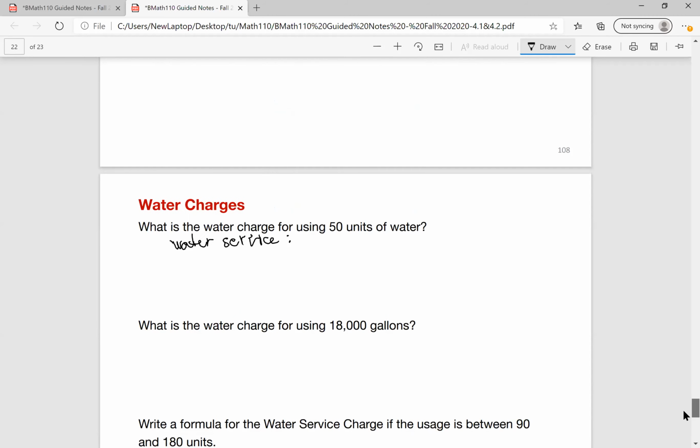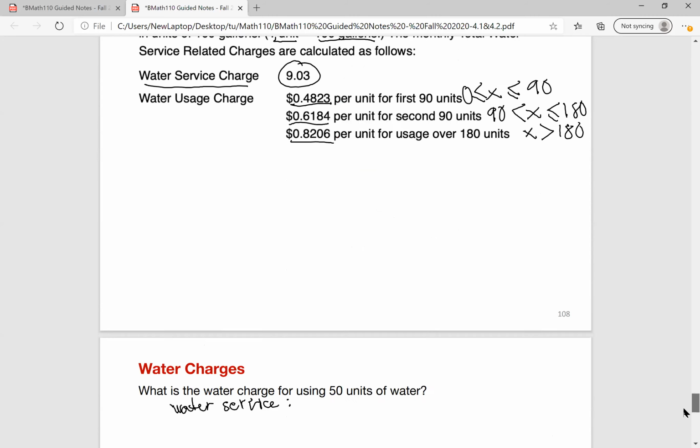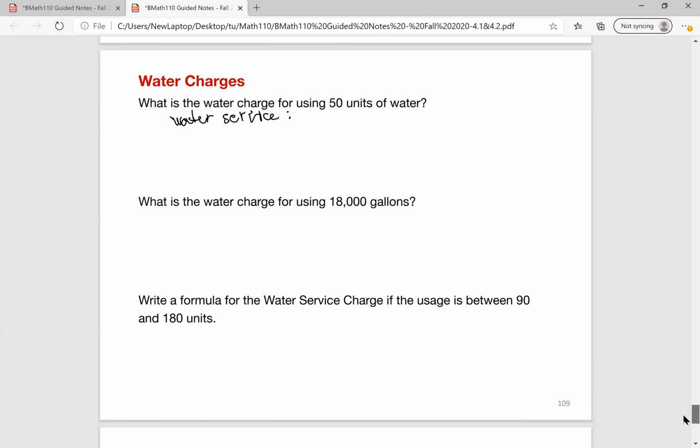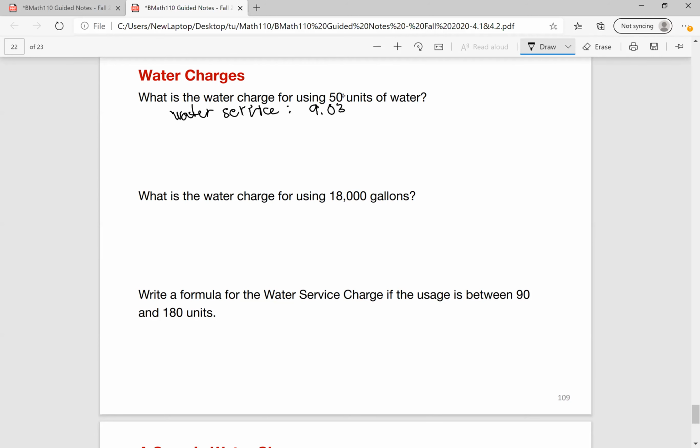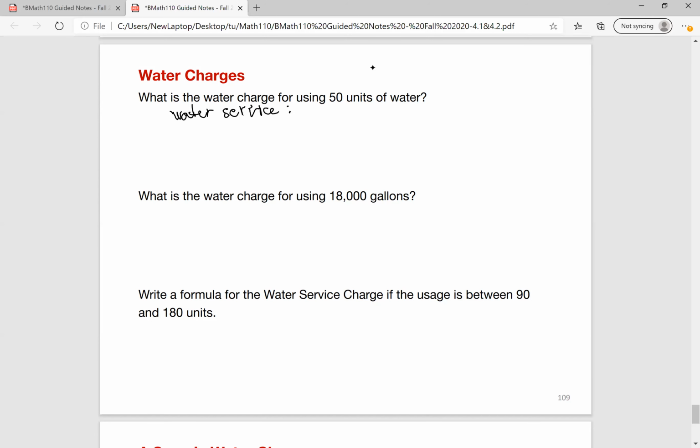It's $9 something. 9.03. That's right. And remember that for the 50 units, 50 is less than 90, right? So that means it's still in the first 90 units.